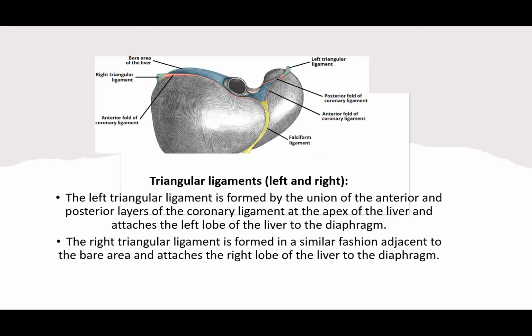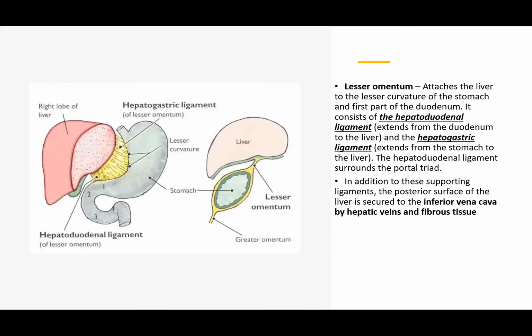So you should see how the liver is suspended by these ligaments, and the curvature of the diaphragm also keeps it in position. These are not the only attachments of the liver.